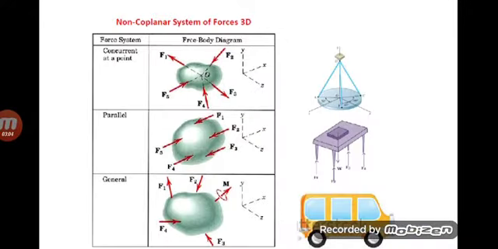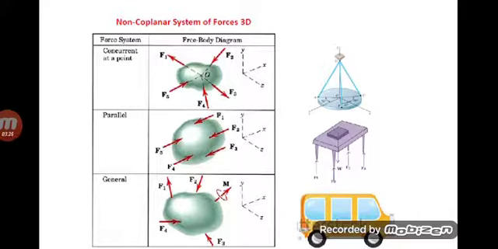Next, the non-coplanar system of forces, that is 3D. Here see concurrent at a point. We already know that concurrent at a point means the lines of action of the forces meet at the same point. It is the same as 2D, but the only difference is that in 2D there is only an XY plane, but here there is also a Z axis, that is 3D.